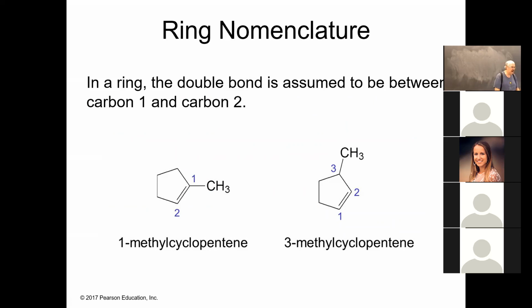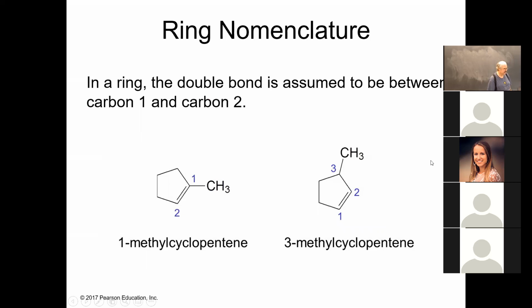The double bond takes priority over halogens and over alkyl substituents. So in this ring, the double bond is automatically between carbons 1 and 2. The first one is 1-methylcyclopentene, and the second one is 3-methylcyclopentene.